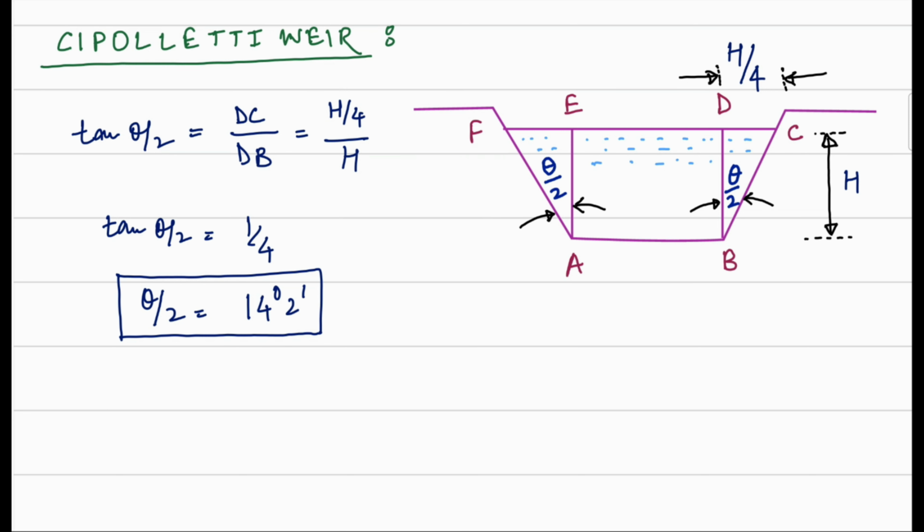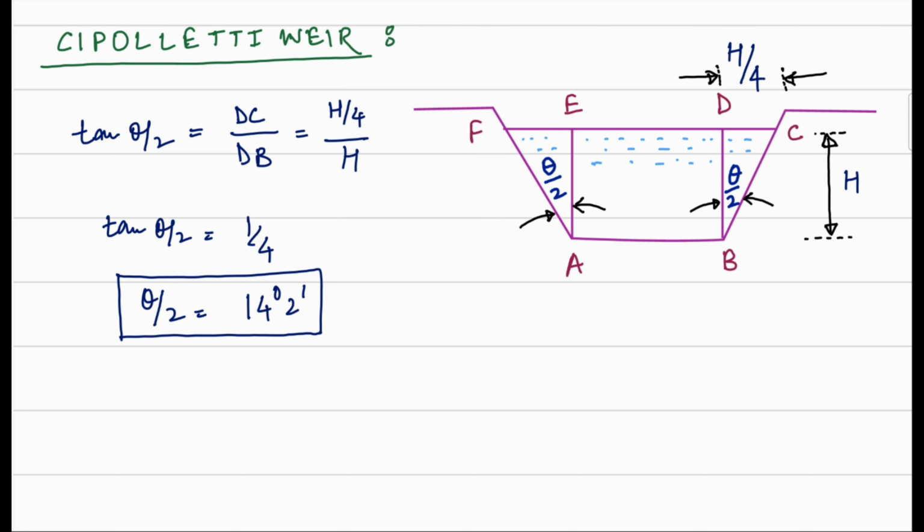So in the case of the Cipolletti weir, the factor of end contraction is not required. By providing a slope of 14 degree 2 minutes on both sides of the trapezoidal weir, we are compensating the loss in discharge which might happen due to a rectangular weir having end contraction. So that's how this channel becomes efficient.